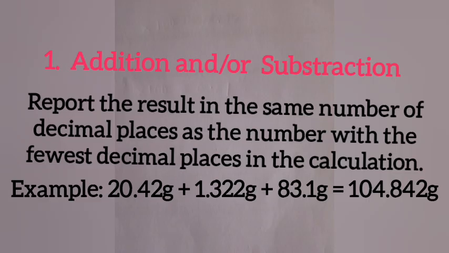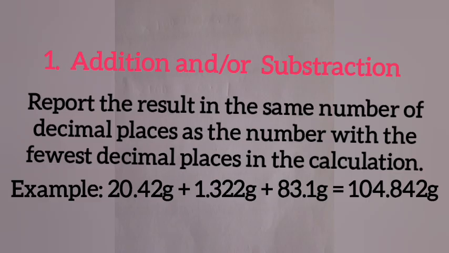That is three decimal places. The last number is 83.1 grams. That is one decimal place. Among these numbers, 83.1 is the number with the fewest decimal places.